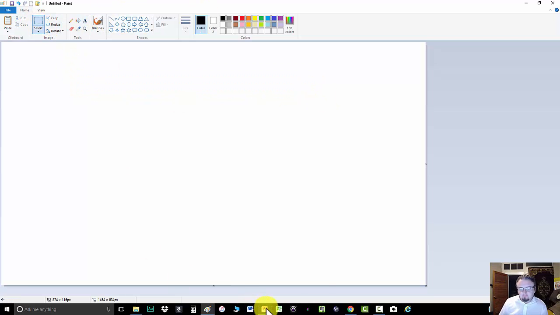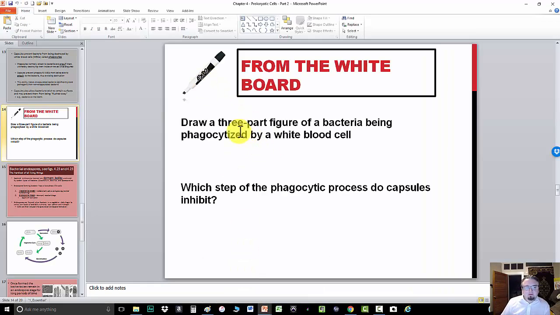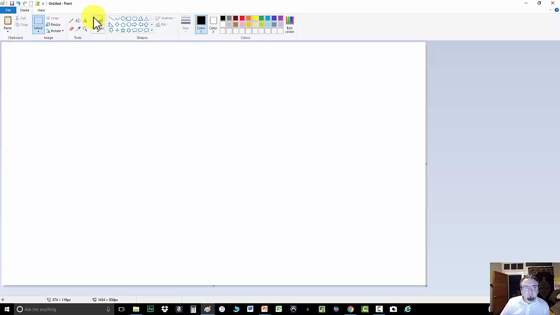Now let's go back here and draw that three-part process. We're going to draw a phagocyte engulfing a bacteria. In step one, we're going to show the phagocyte, and then we're going to show bacteria right next to it. Let me make that a little thicker. Here's your phagocyte.